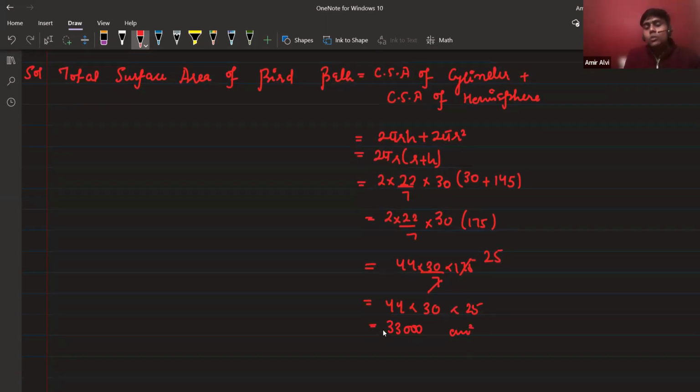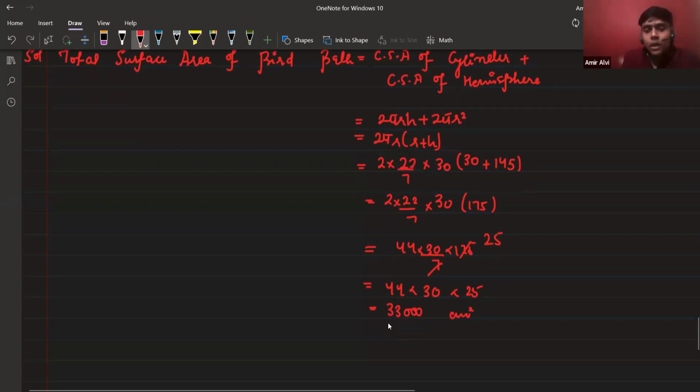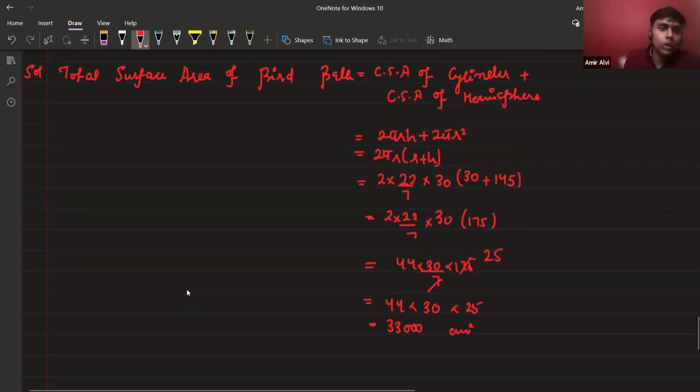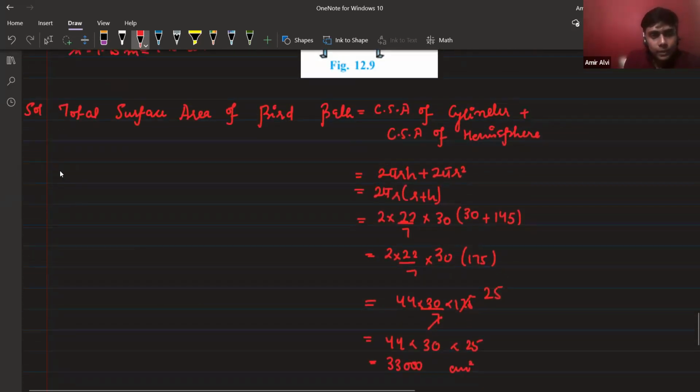So if you need to calculate in meter square, convert it. Let me give you a brief about the conversion between them. 1 meter is equal to 100 centimeter, or 100 centimeter is equal to 1 meter.